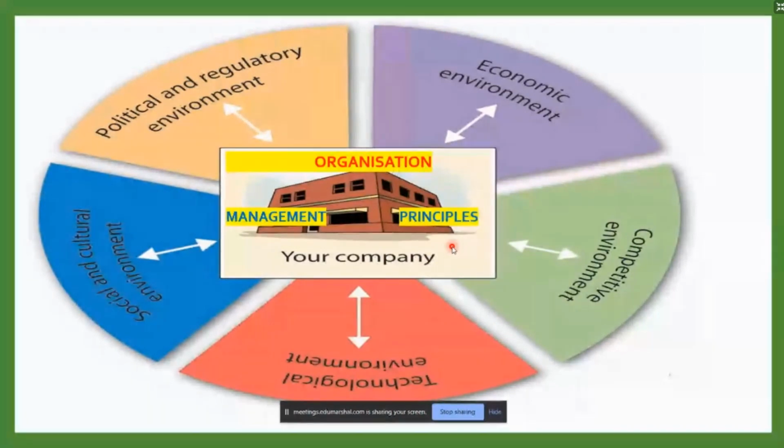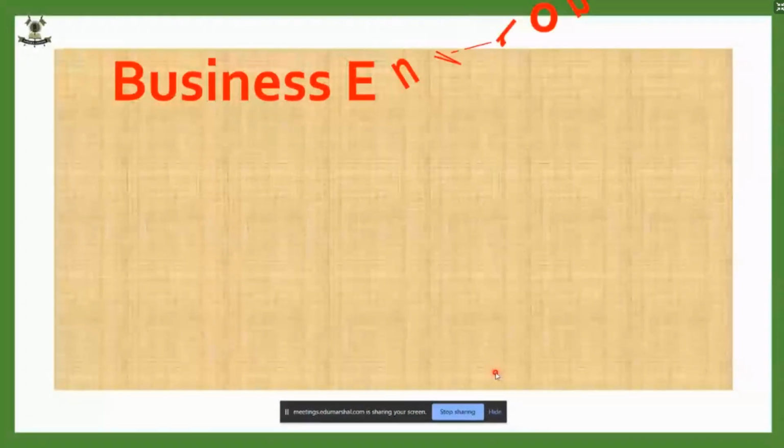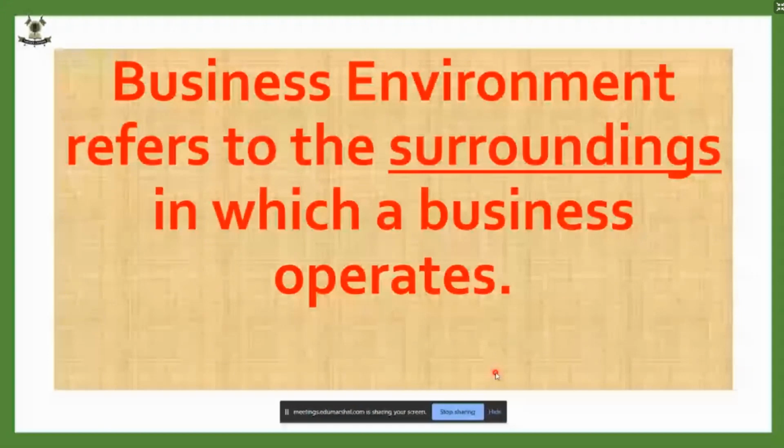Now, then we had started with the chapter business environment. In business environment, I have told you the definition of business environment. We had said that business environment is the sum total of individuals, and it is anything which is surrounding the organization. Outside the organization, whatever is there, that will be termed as business environment.